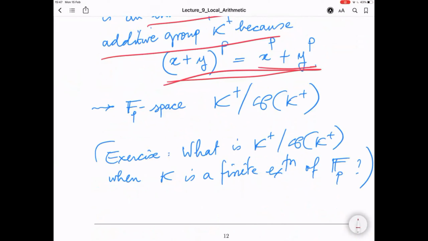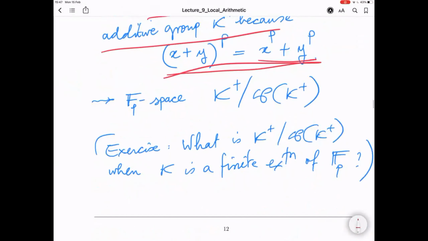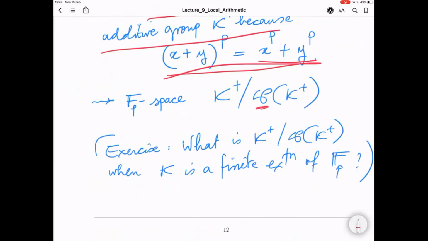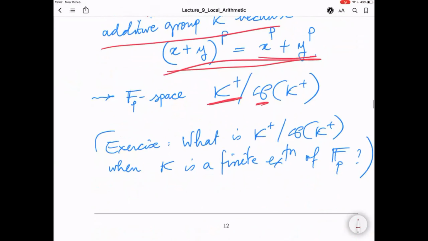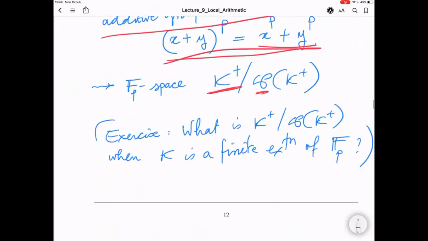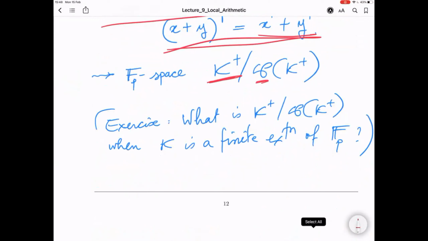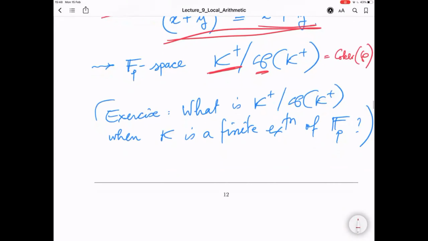Okay. So because you have this endomorphism ℘ and k is being thought of as the additive group, you have this co-kernel. This is sometimes called the co-kernel of ℘. What's the co-kernel of a map?